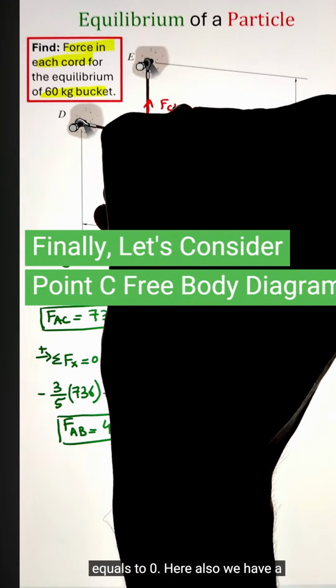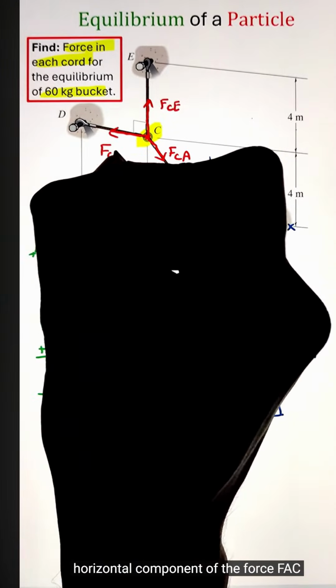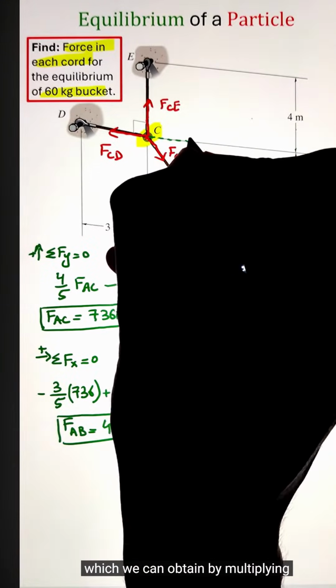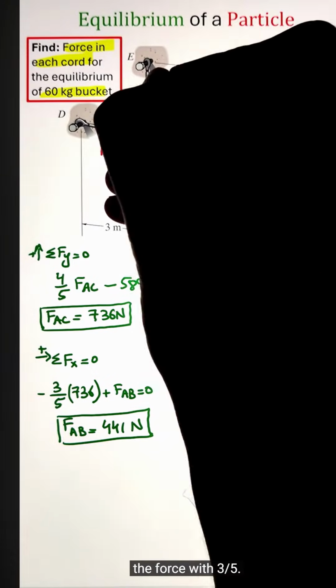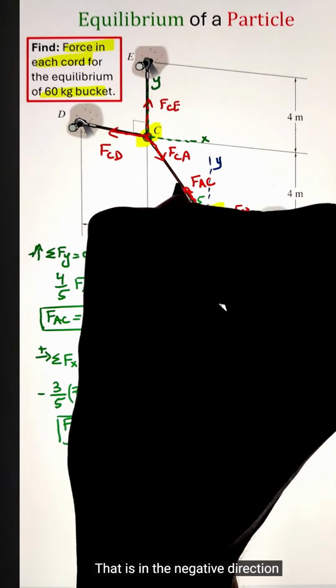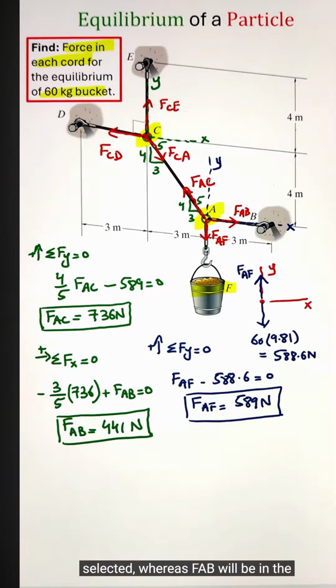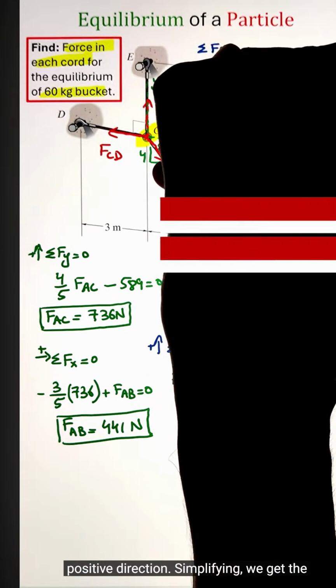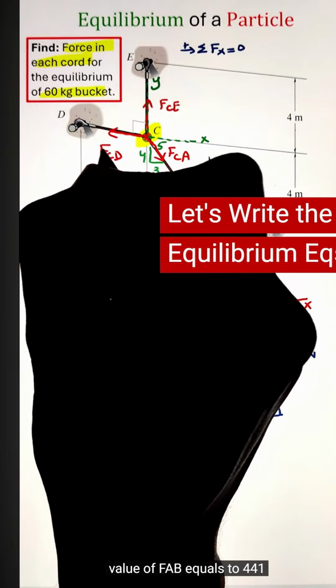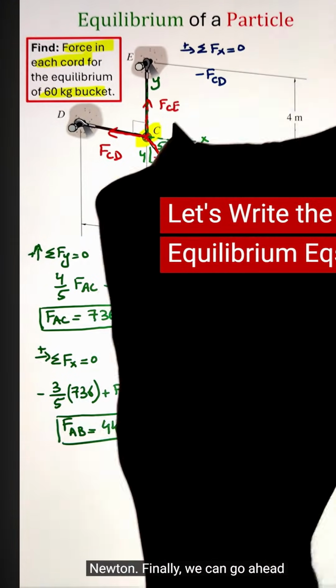Here also we have a horizontal component of the force FAC, which we can obtain by multiplying the force by 3 over 5. That is in the negative direction based on the reference point we have selected, whereas FAB will be in the positive direction. Simplifying, we get the value of FAB equals 441 Newtons.